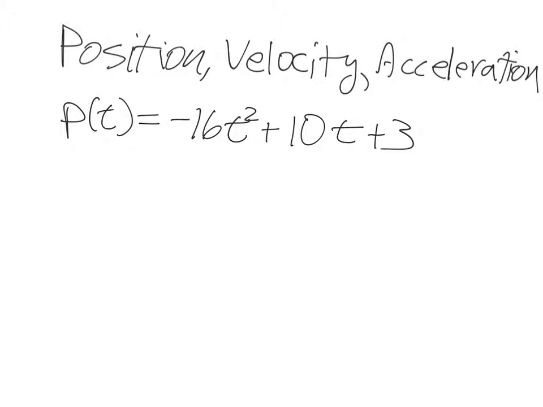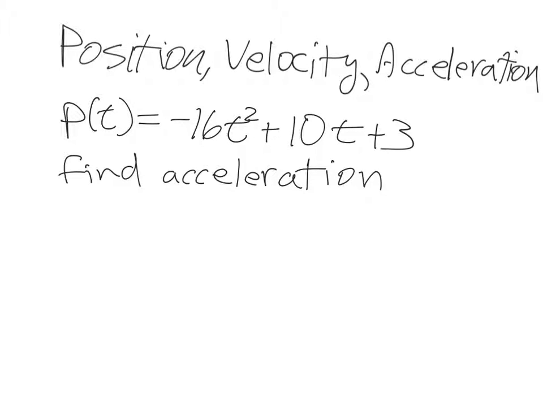So if we have this as our position function, and we find the acceleration, well, the first thing we'd need to do is what? Find the derivative. The derivative of p represents what? The velocity. That's your velocity.